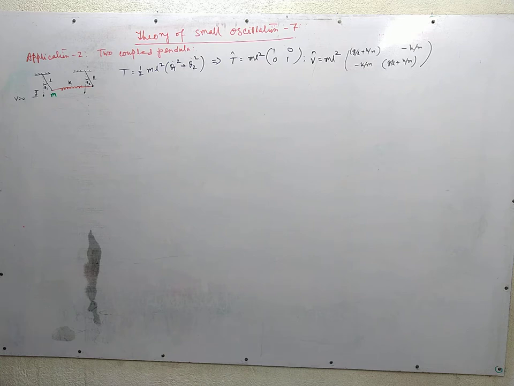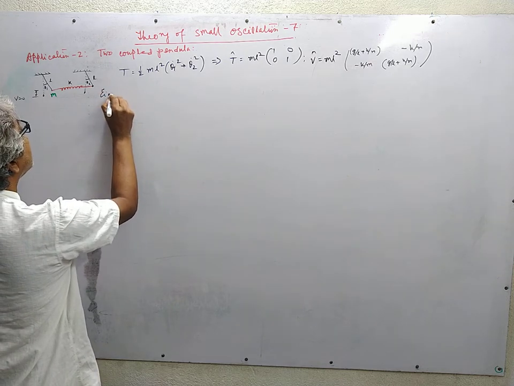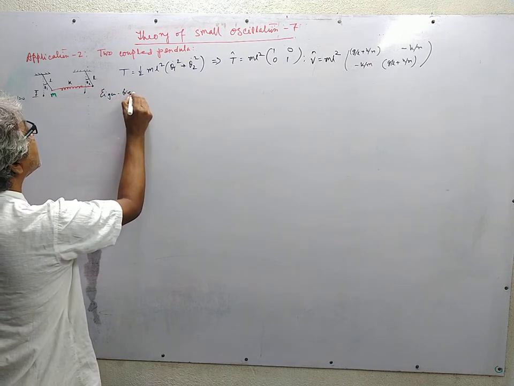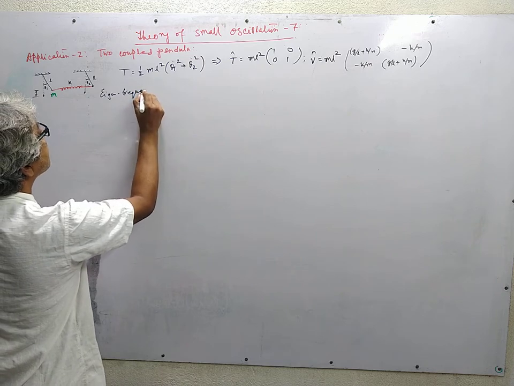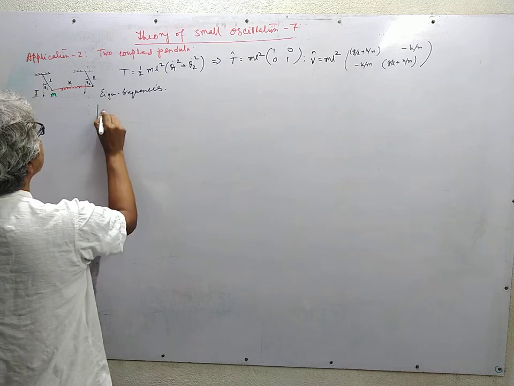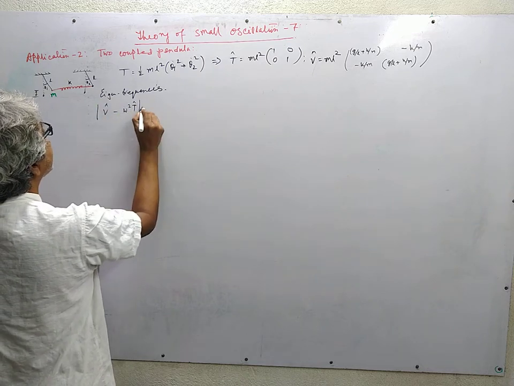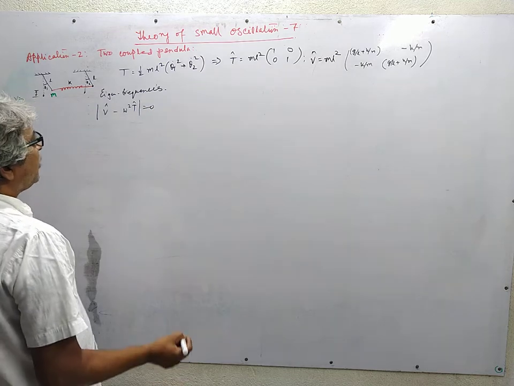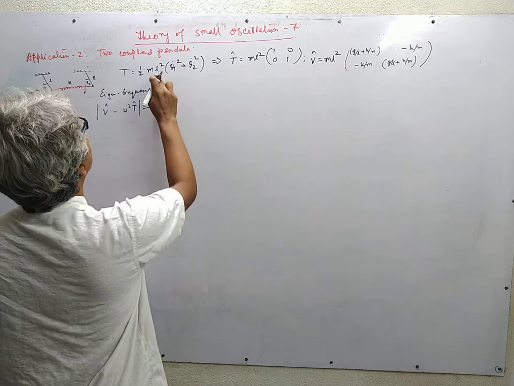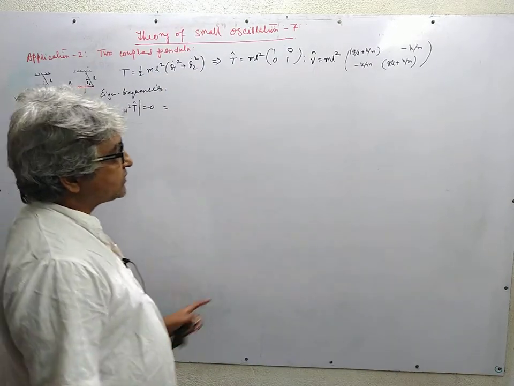Now we want to find the eigenfrequencies. Eigenfrequencies are obtained from determinant of V minus omega square T equal to 0, which in this case, since we have m L square common, we need not consider this.